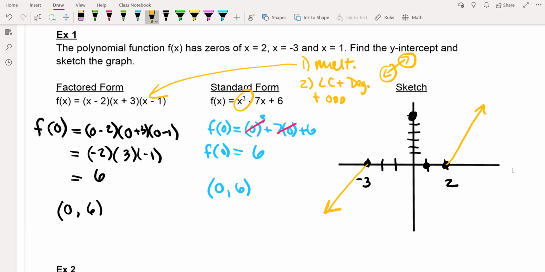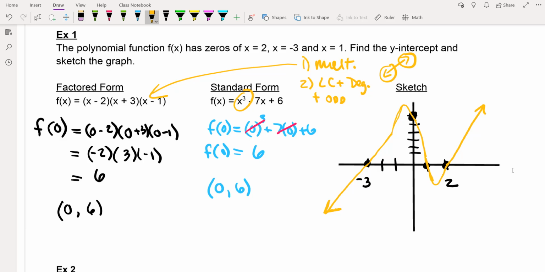So I'm going to start with x equals -3, pass through that, and then it's going to go up, and at some point, I don't really know where, it's going to curve back down to intersect at the y-intercept. Then it's going to keep going down and pass through, and somewhere it's going to curve and come back up. So more or less, that's our sketch of our function that has zeros of 2, -3, and 1.